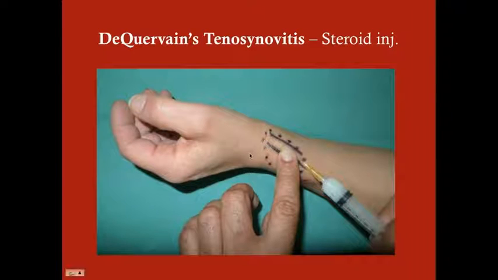And this is how it's done. So they drew down to where that joint is, and they're going to go in, not exactly right there, but they'll stick the needle in past that and get the steroid in that way. And there's usually also an anesthetic in there as well.